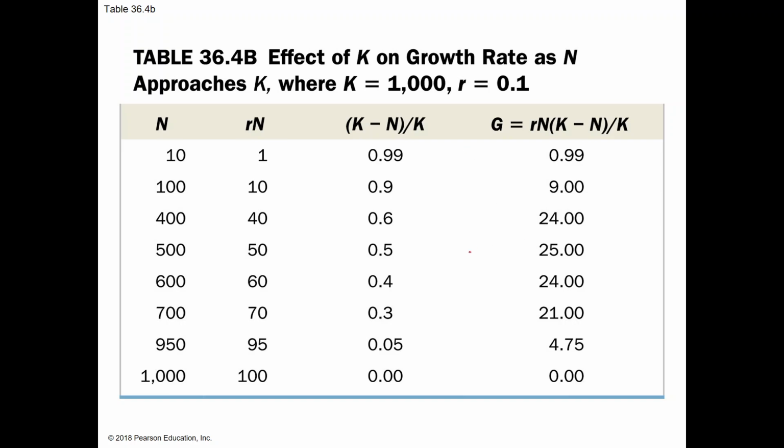At the outset, the population size N is very small compared to the K. Here we have K of 1,000, so the carrying capacity is 1,000, and the actual population is only 10. So if the growth rate is 10%, it's not going to be affected too much by that K value because there's plenty available.